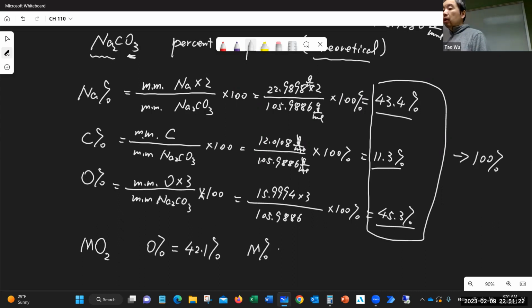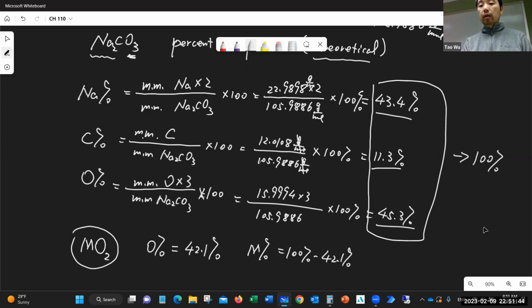Then that's going to be 100% subtract 42.1%. That makes sense, right? Because the percent composition for those two elements should add to 100, since in this compound they only have those two elements. So this is the percent composition that we talk about.